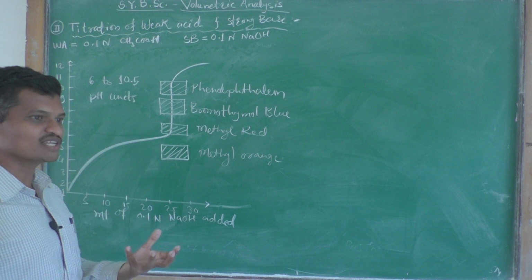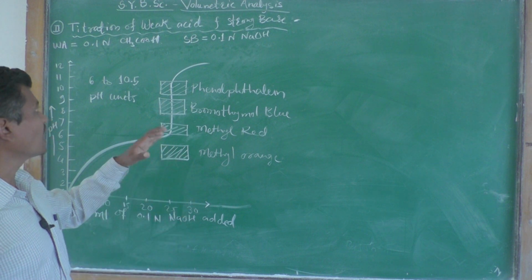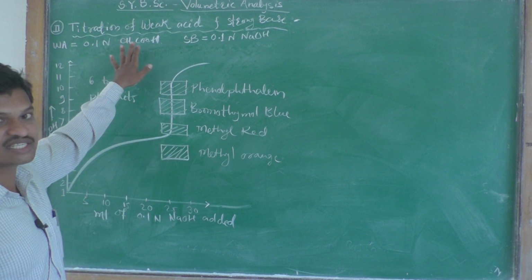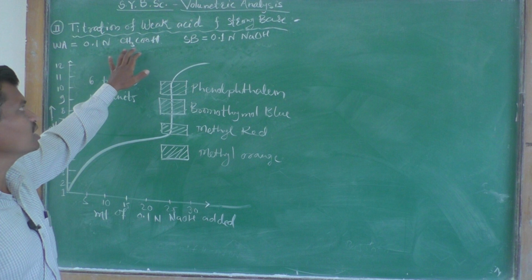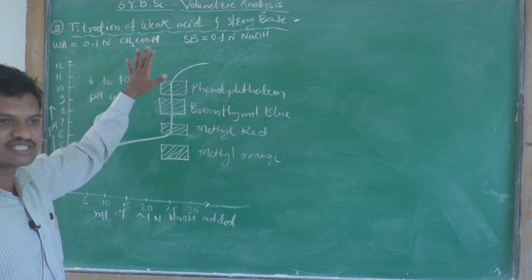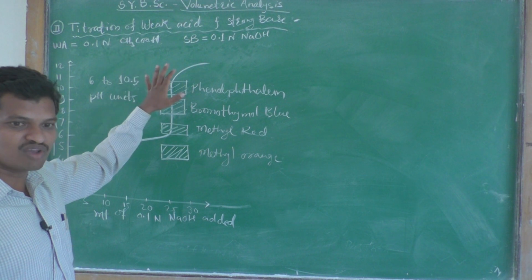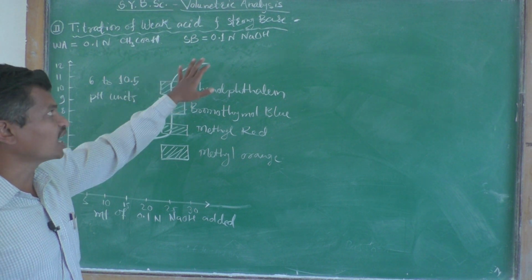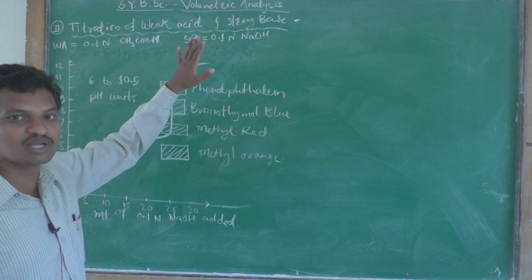So in the conical flask we have at the start only acetic acid, 0.1 normal CH3COOH, and in the burette we have 0.1 normal NaOH solution.